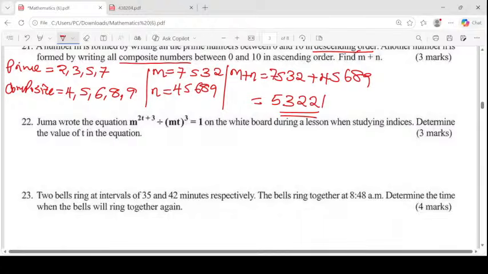There is a slight typographical error in that question paper, more so in question number 22, and we have to correct it, because look at the second part, mt cubed. Should it be mt cubed? We need to have this corrected, because on my end I feel like it should not be so. There is a slight typographical error here.